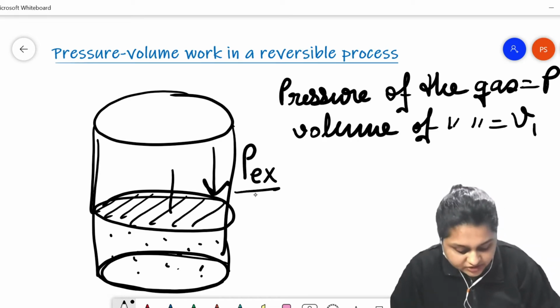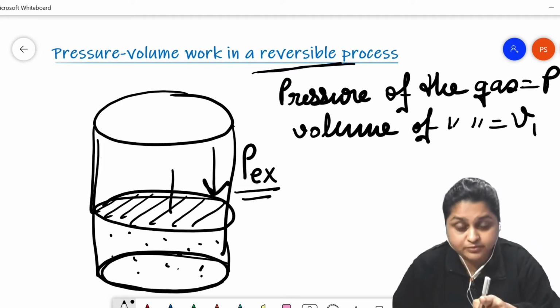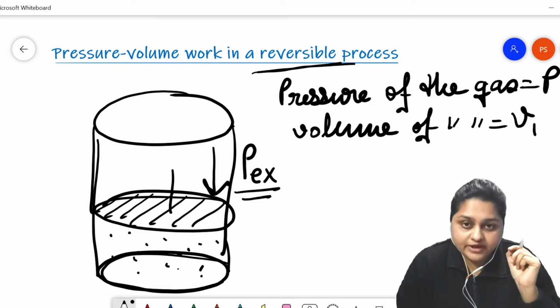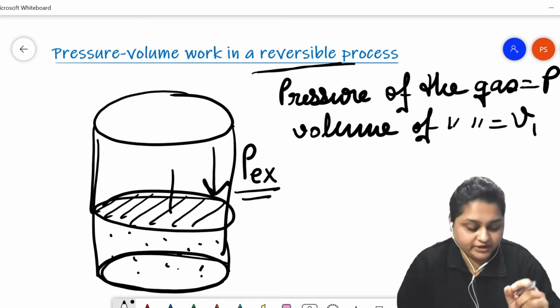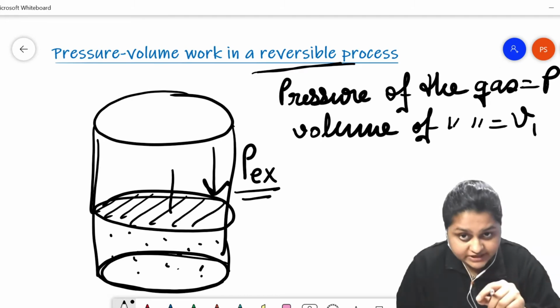This external pressure, as it is a reversible process, by the definition of reversible process, this Px amount of external pressure is going to be infinitely small compared to the internal pressure of the gas. I'm going to say it again.